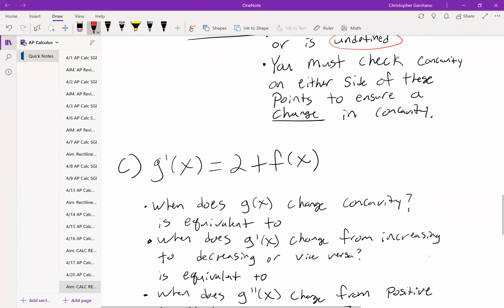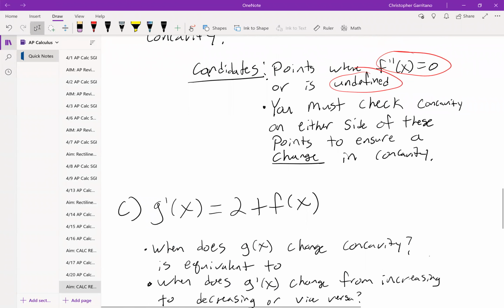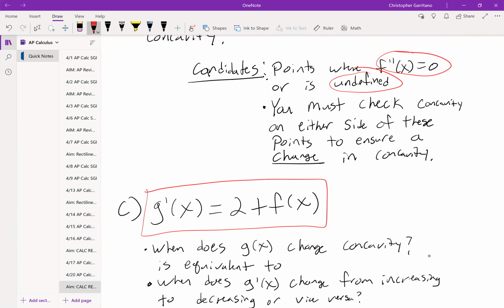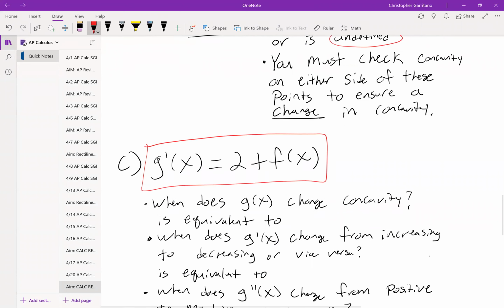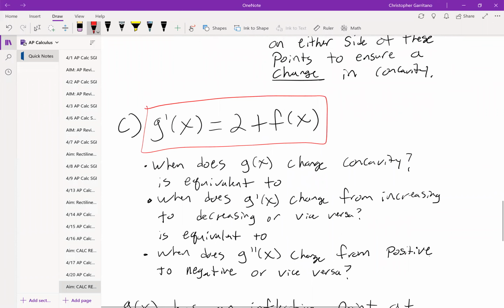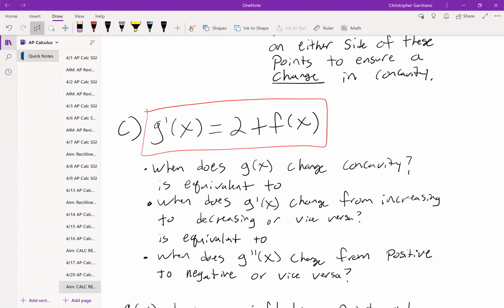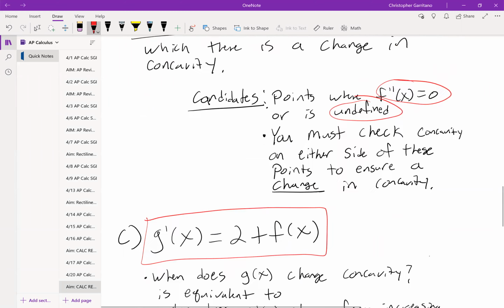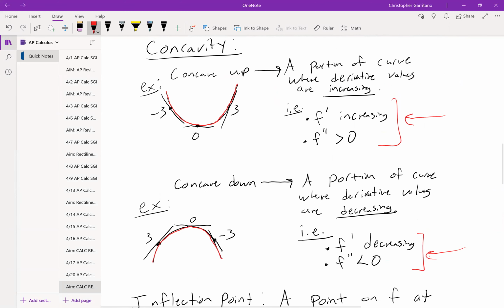It turns out here that in this case we have the derivative function. So I wrote the derivative function right here. And so we're going to have to use the derivative function to identify concavity. So when does concavity change? Well, that question is equivalent to saying, when does g prime of x change from increasing to decreasing or vice versa, right? Because we said that if f prime is increasing, or if the derivative is increasing, then that's a concave up curve.